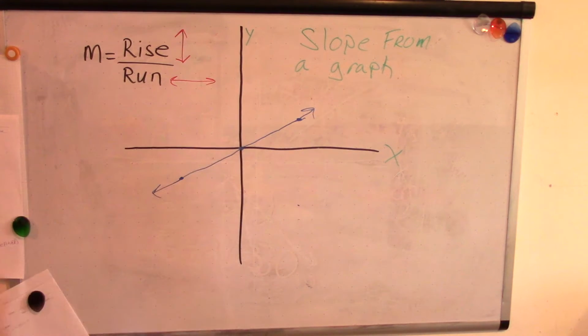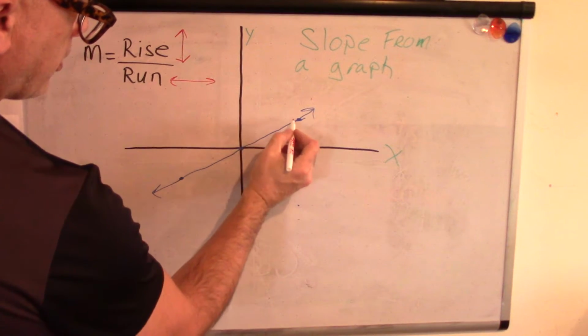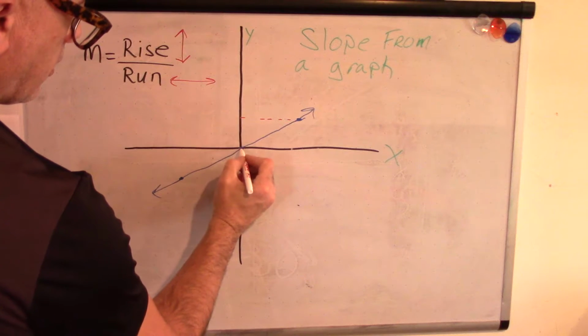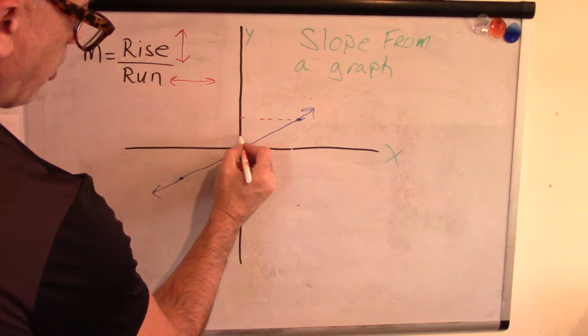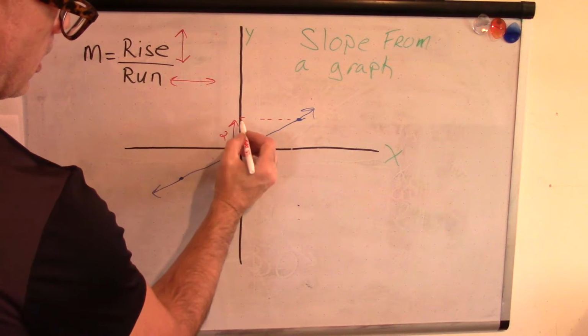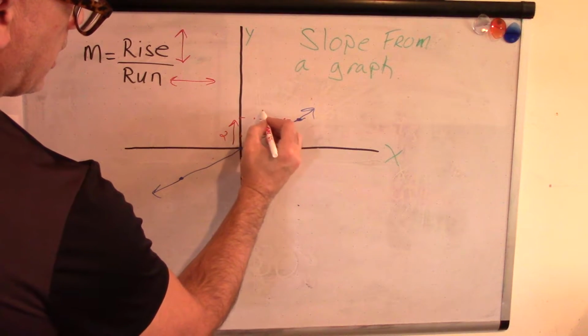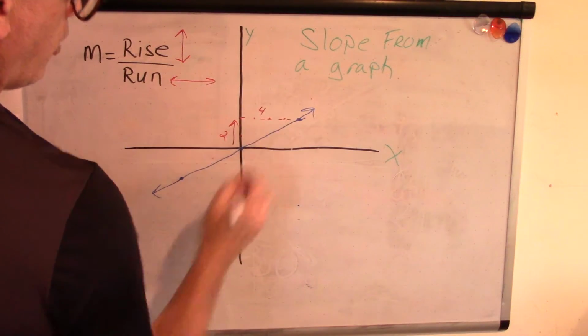We want to find out what the slope of that line is. So I'm going to count the dots on this whiteboard. To go up to this point here, starting from the origin, I'm going up 1, 2. So this has a rise of 2. And now my run is 1, 2, 3, 4. It has a run of 4.